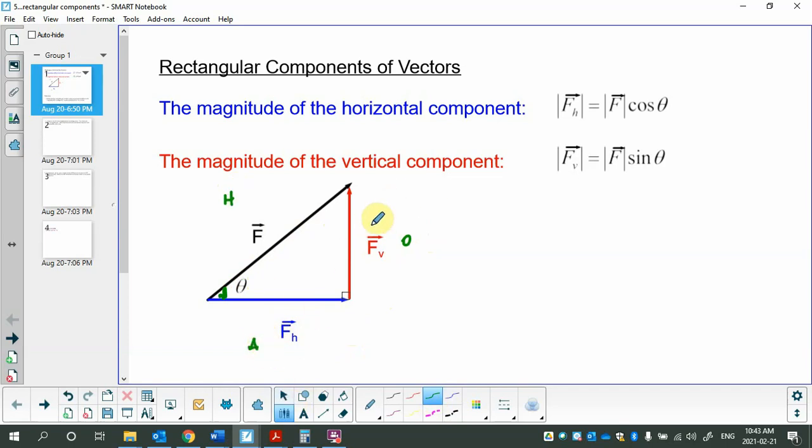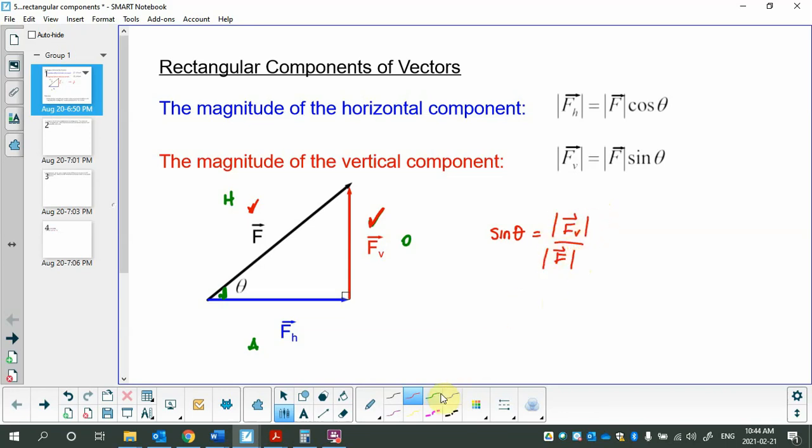So if I'm looking for, let's say this first of all, and I'm going to do this in red, then I'm going to need this measurement here and this measurement here, and that's O and H. So O and H is sine. So sine theta is equal to O over H. And we're not talking about vectors, we're talking about the length of the vectors.